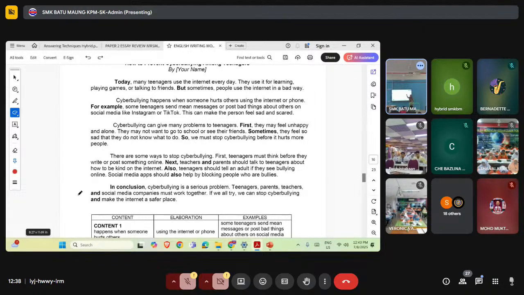Straightforward. This candidate's answer follows the content points. Yes, the content points are given, but this candidate is lacking elaboration and examples. That's why you see a shorter number of words compared to the first one.